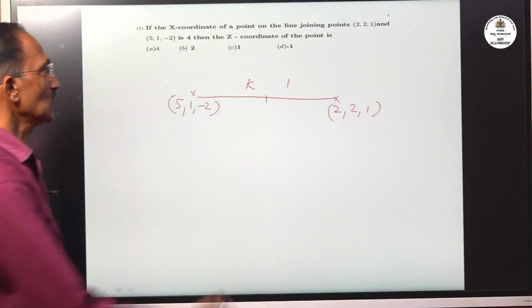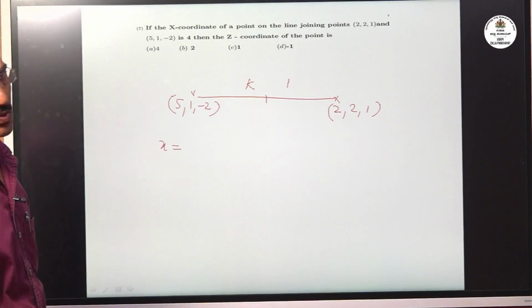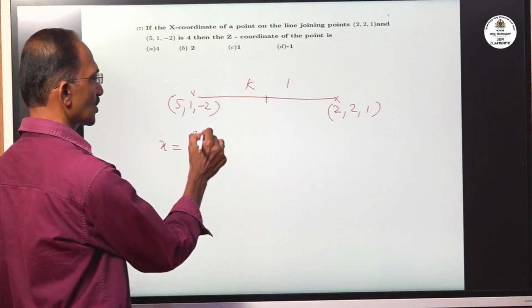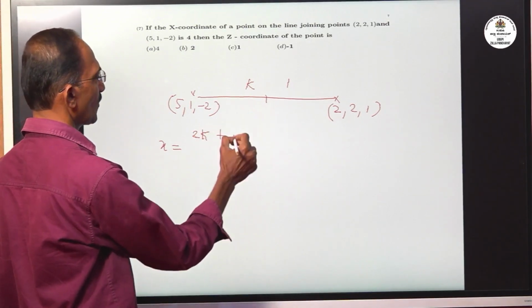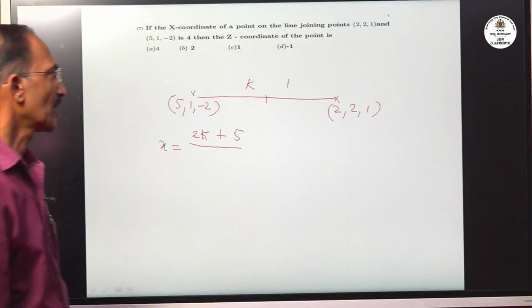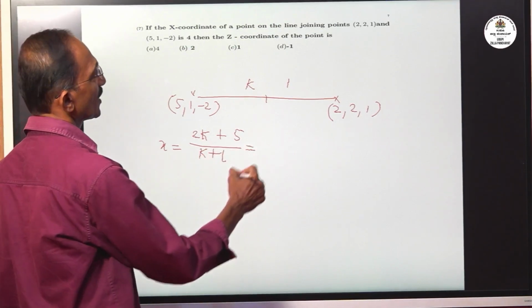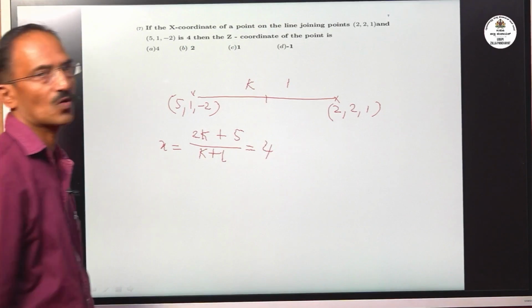So k into 2, so x coordinate must be equal to k into 2, that is 2k, plus 1 into 5, that is 5, divided by k plus 1, and it is given that it is equal to 4.